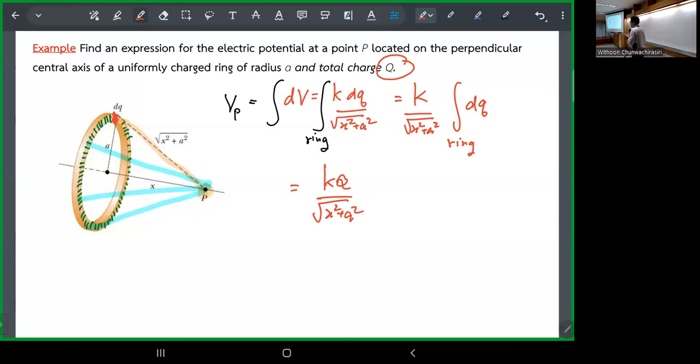Yes. After the integration, we get Q. The lowercase q, you can think of it as a variable, but we use it to represent the charge that you slice from the ring. So it's sort of like the amount of charge contained within that slice.